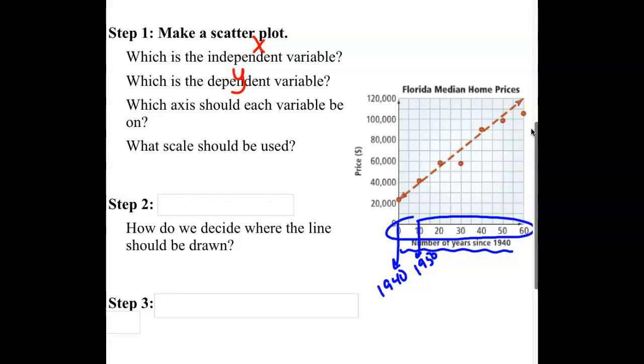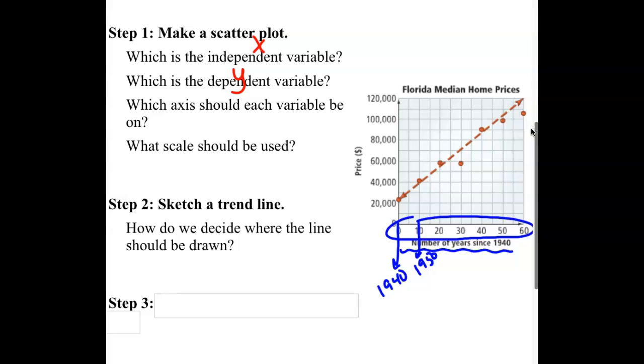Okay. Step 2, once you've made the scatter plot, they've plotted the data, you would sketch what we call a trend line. So you would take a ruler and you'd look at your data and say, what seems to be the best line I can draw? Okay. Again, the more strength there is in the correlation, the easier this is.